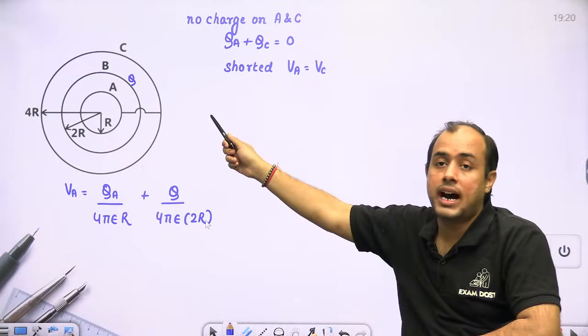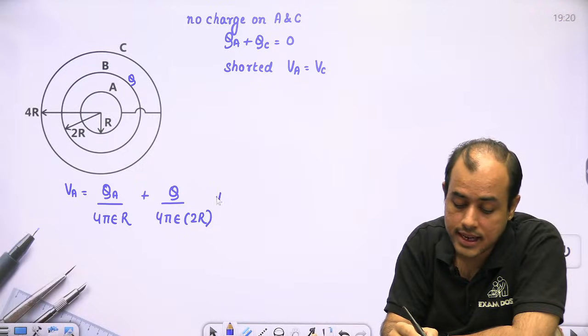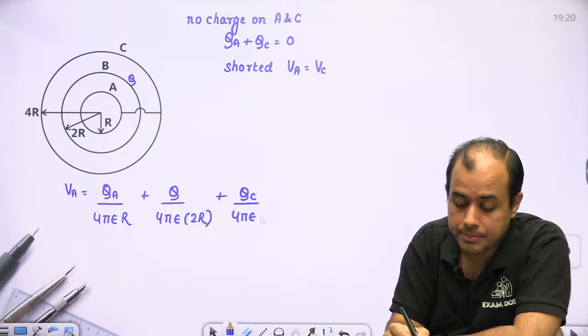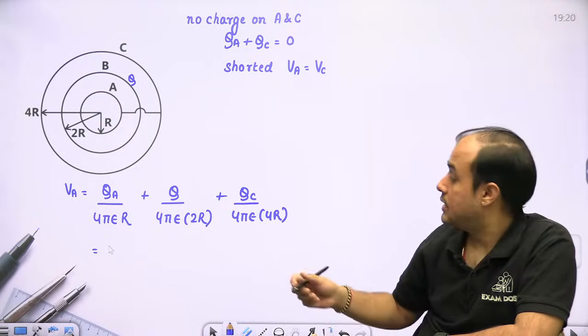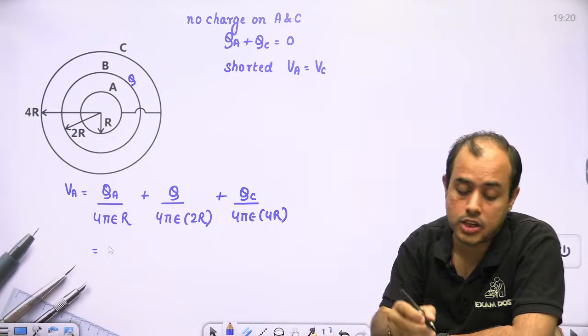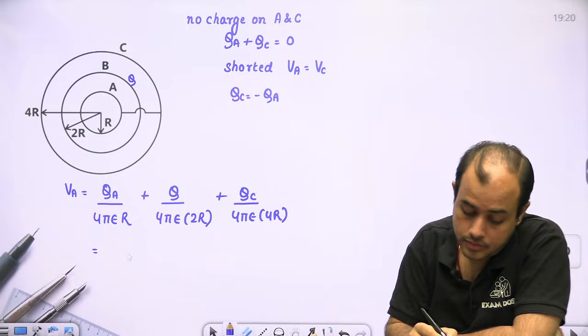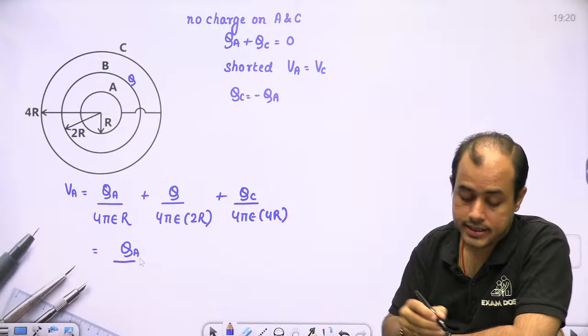Similarly for C, whatever is on its surface will be seen inside it. Now beta, QC will be minus QA. So it will be minus QA by 16.